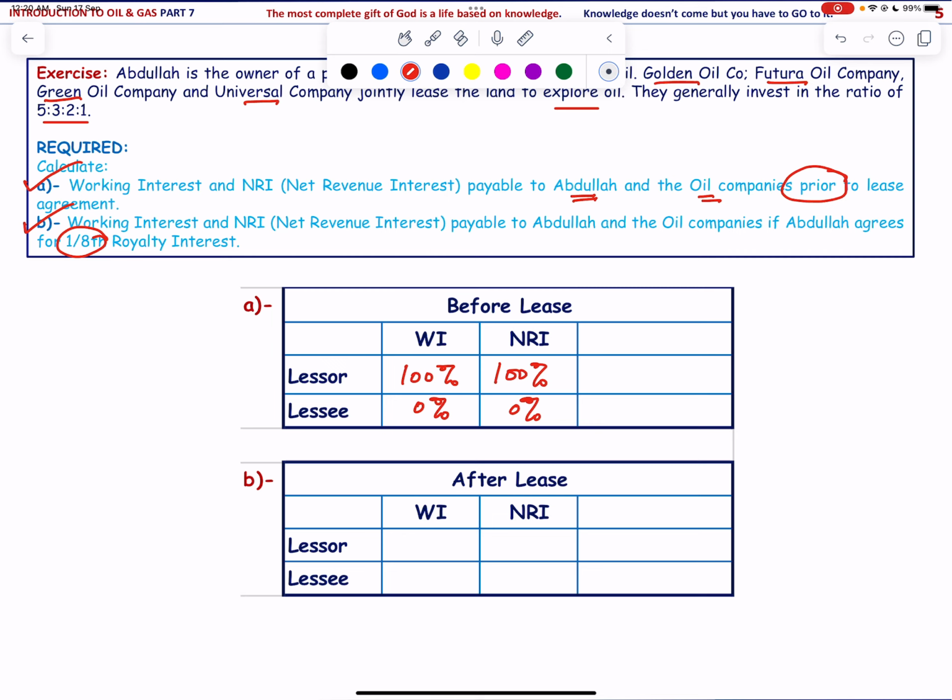So after the lease agreement, Abdullah owns 0% of working interest and 1/8, or we can say 12.5% of net revenue interest. As now there is a lease agreement, the oil company have 100% of working interest and 7/8, or we can say 87.5% of net revenue interest.